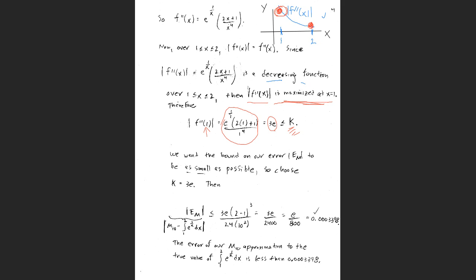So we want our error bound to be as informative as possible, so let k equal 3 times e. Okay, and so now we're able to get an idea of what the error is, or a bound on the error.